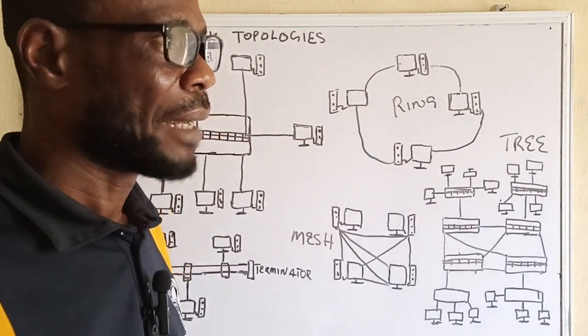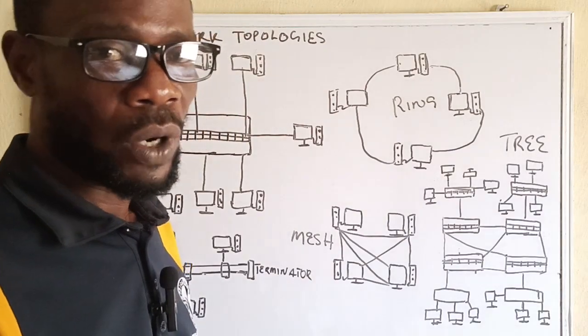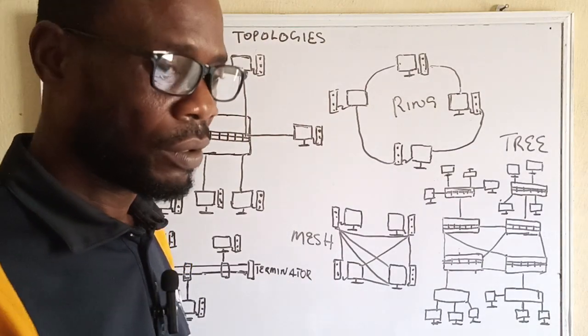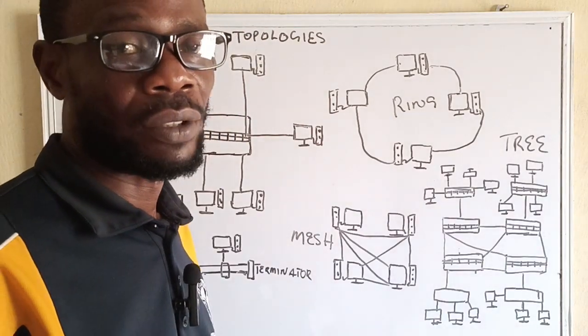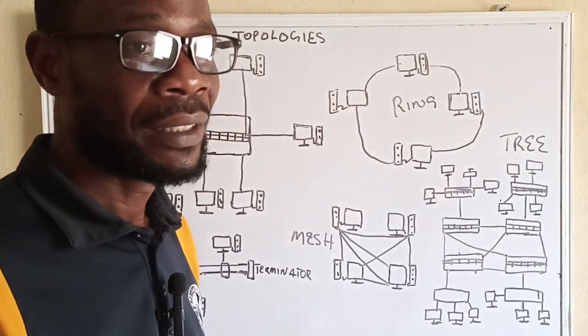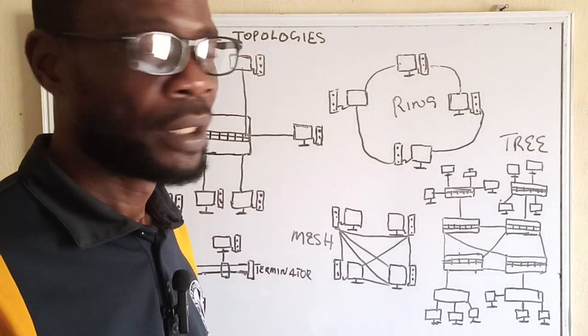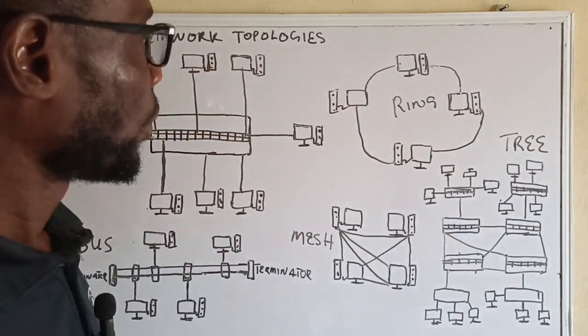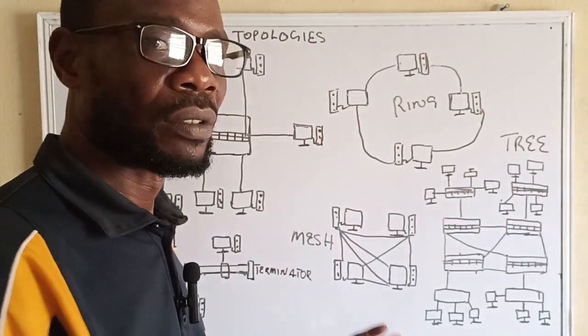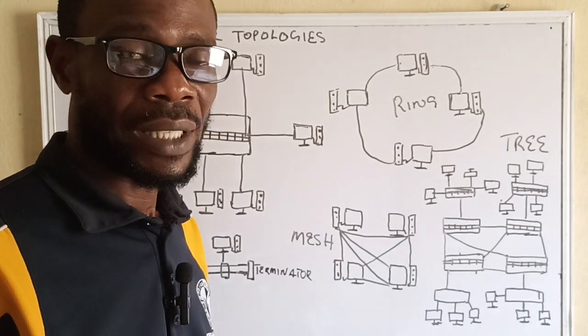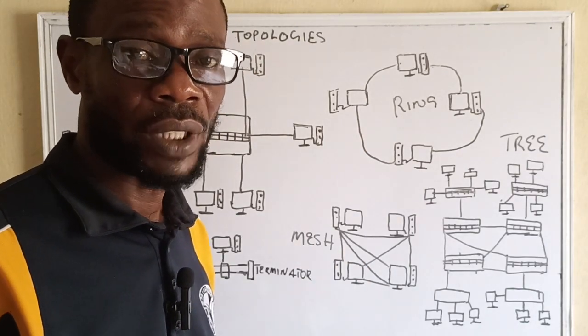Any computer that matches the address, we hand over the file to it, because the file is meant for that particular computer. It's also used to avoid collision. That's the token passing or token ring.